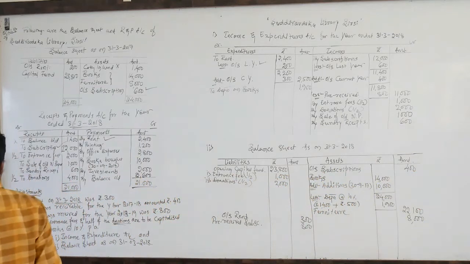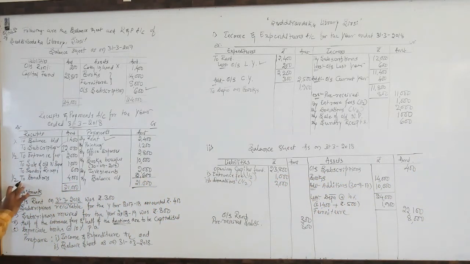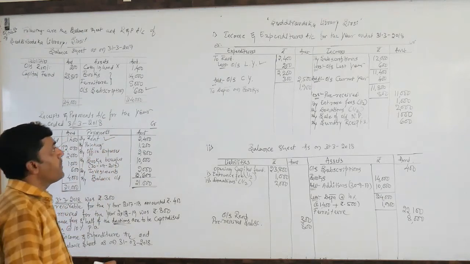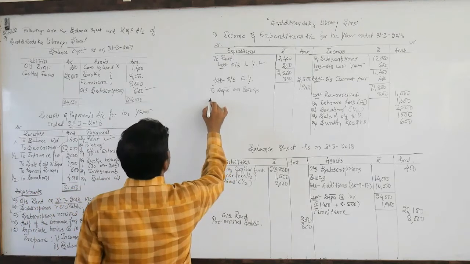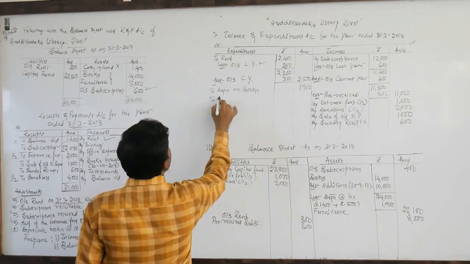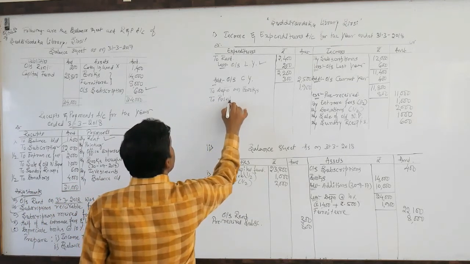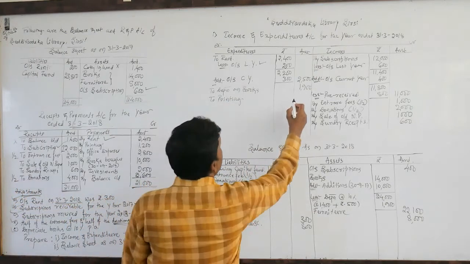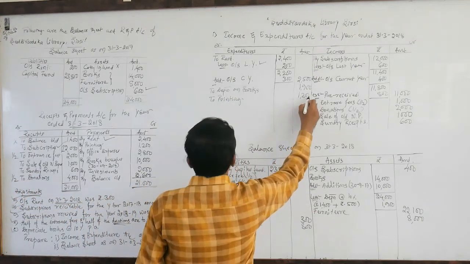No adjustments. Donations we have already considered. Come to the payment side: rent I have already written. Printing: no adjustments for printing, it is an expenditure. Printing, how much? 1,200.